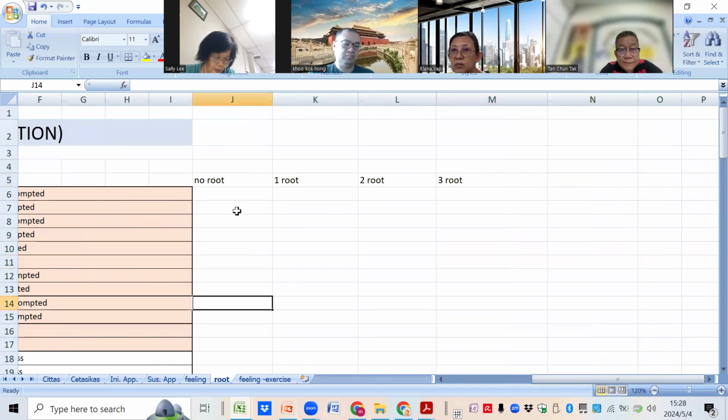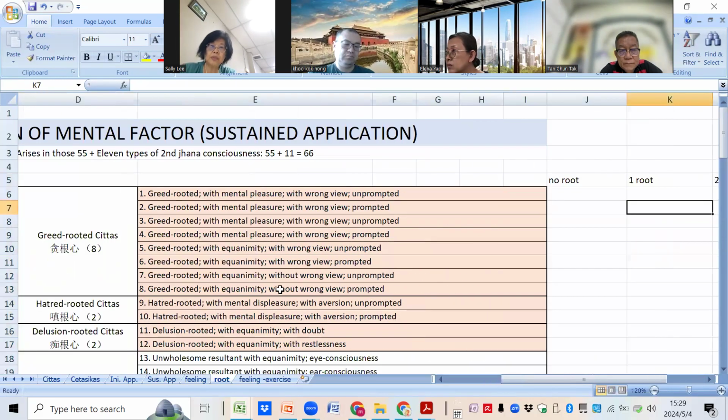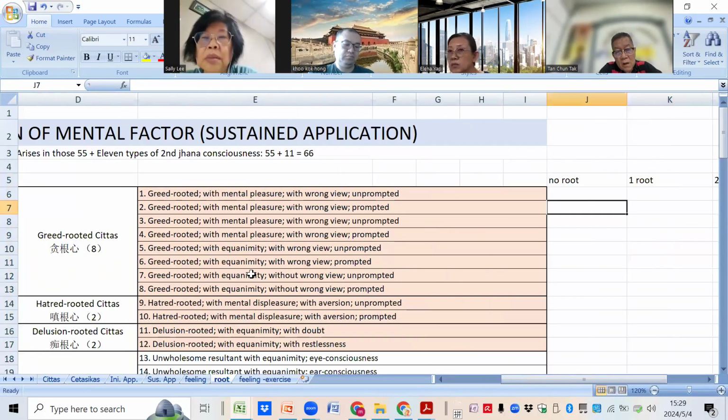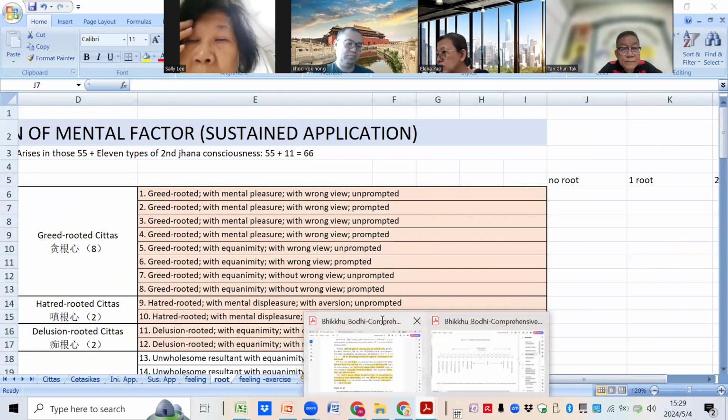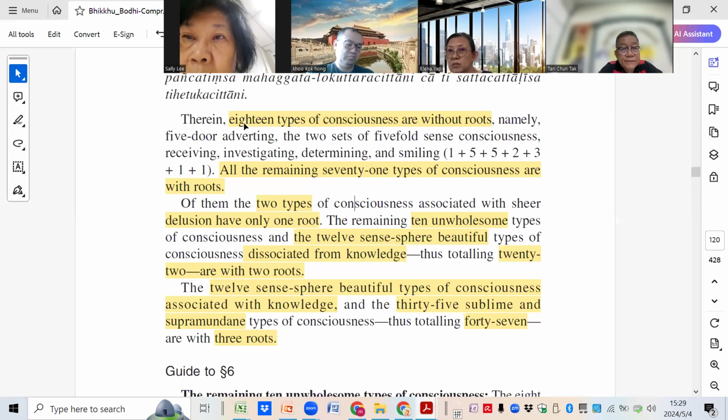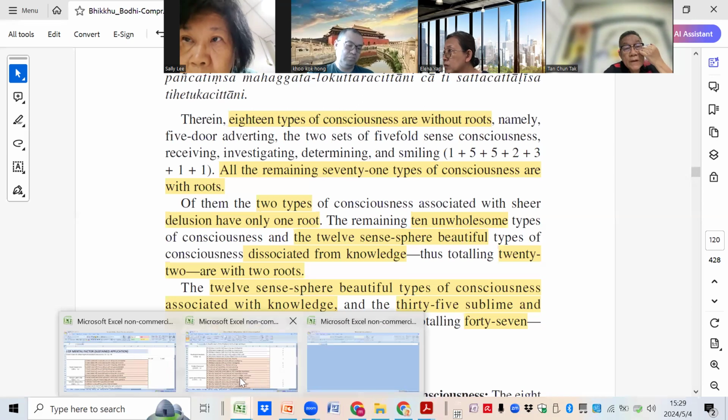Okay? So let's take a look. For no root, class, let's take a look. According to the diagram, it says 18 types of consciousness are without roots. Namely, these 18. Class, let's take a look. Here it is.